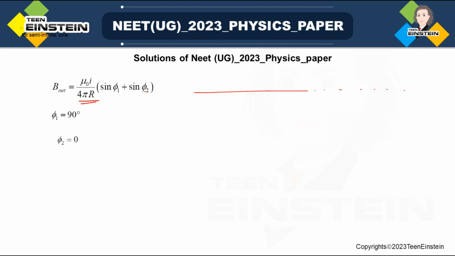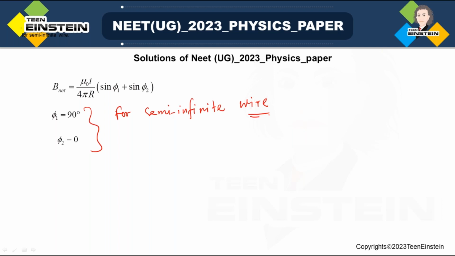You just go back and read the Biot-Savart law, where it is derived. I'm not deriving it here, but for a semi-infinite wire, one of these angles will be 90 degrees, another angle will be 0 degrees. Let us say phi 1 is 90 degrees, another one is 0 degrees.